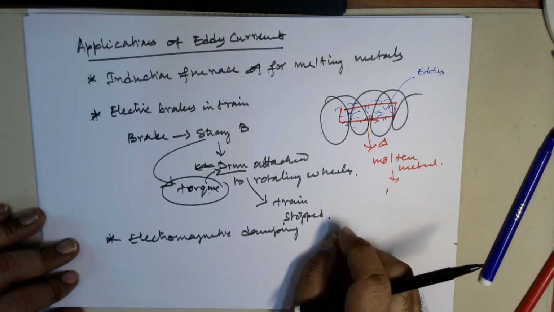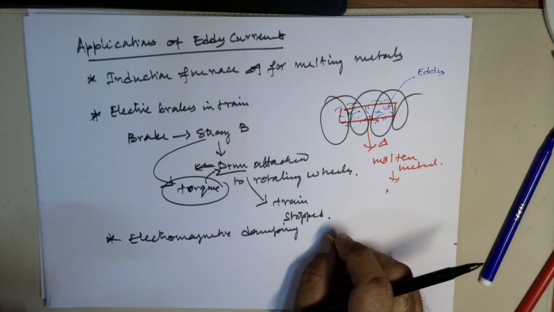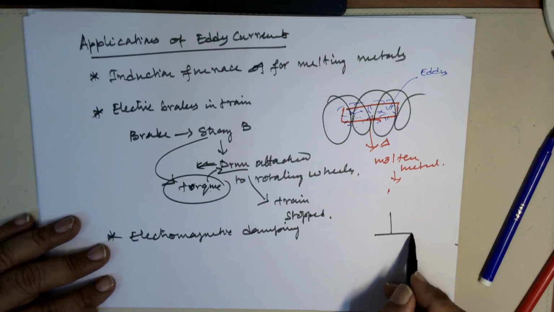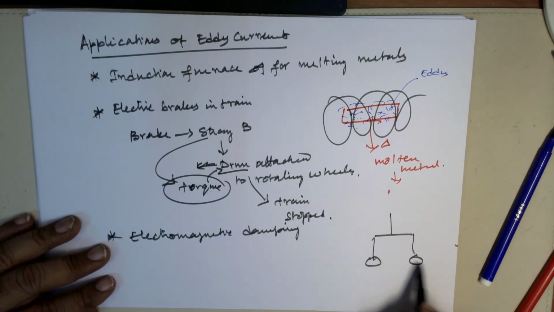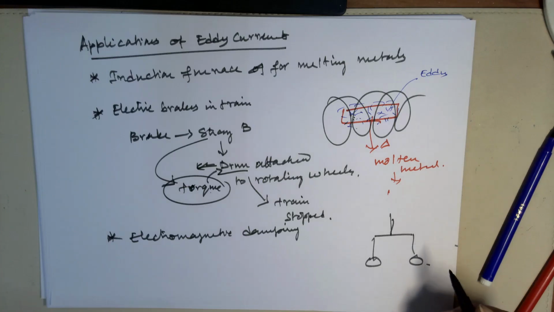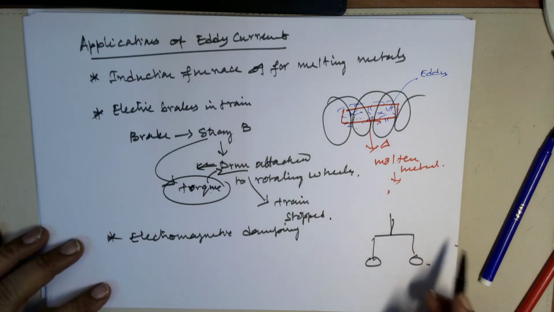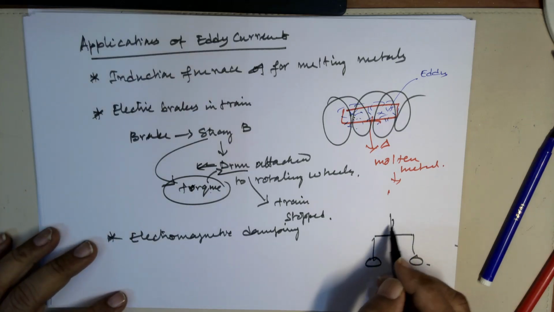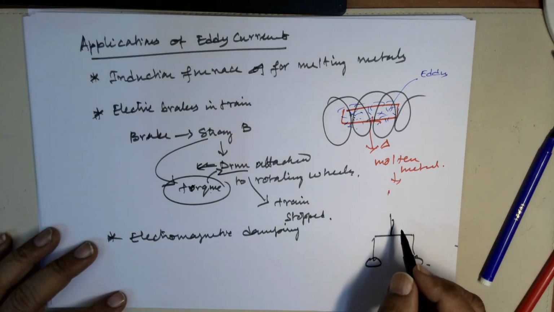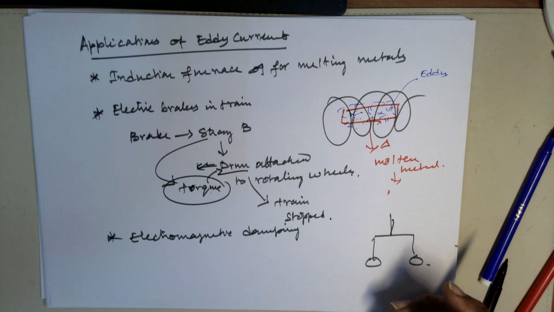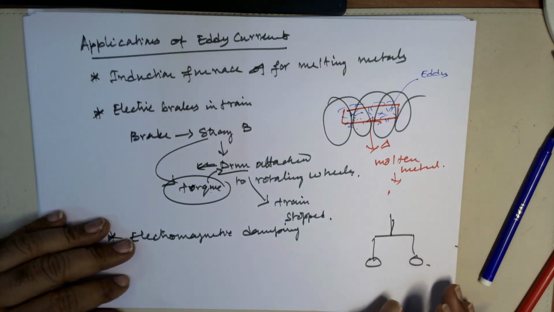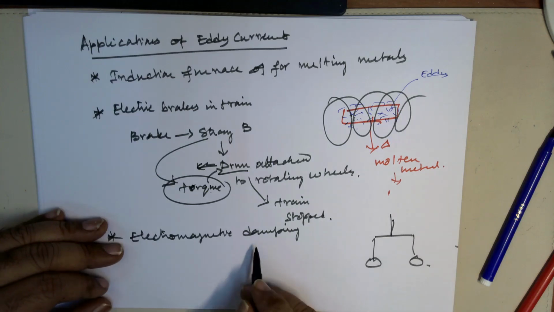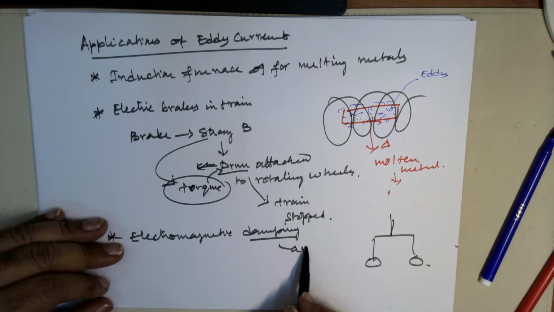Damping means, for example, when you've got a balance like this, a two-pan balance, and there will be a pointer here. You could have seen the vegetable vendor, he tries to arrest the oscillating needle so that he forces the balance to come to rest. Such kind of arresting the oscillation is called damping. So arrest the movement.